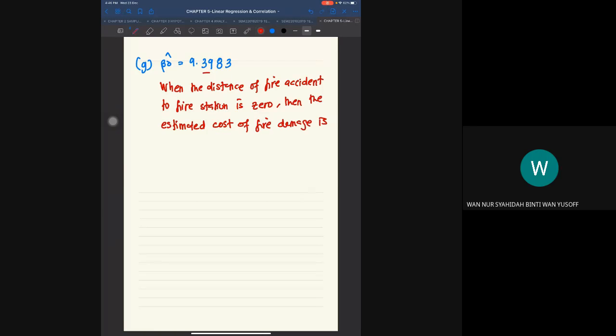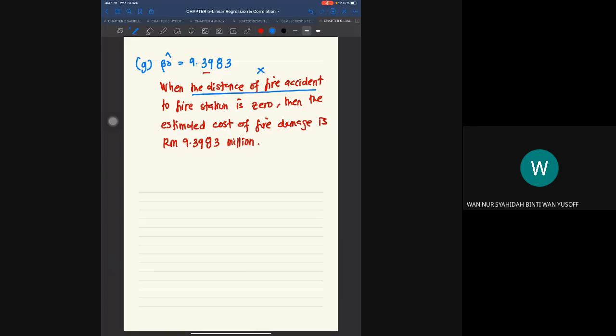Is there any unit for the y? Ada unit for the y? RM. RM. So it is RM 9.3983 million, isn't it? It is RM million. Okay. So in general, this is your x.